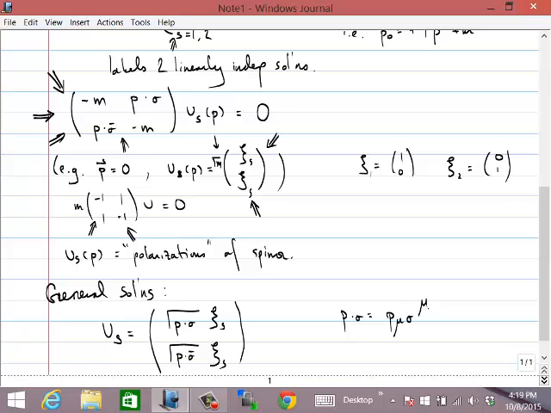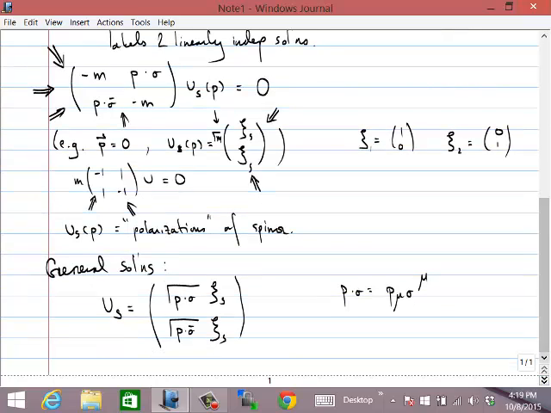Sigma mu is the set of 4 2 by 2 matrices. You contract with P to get one 2 by 2 matrix. And here I'm taking the square root of a 2 by 2 matrix. What do I mean by the square root of a 2 by 2 matrix? The square root of a 2 by 2 matrix is the matrix you square to get the thing you took the square root of.